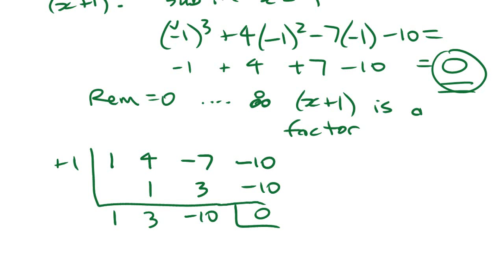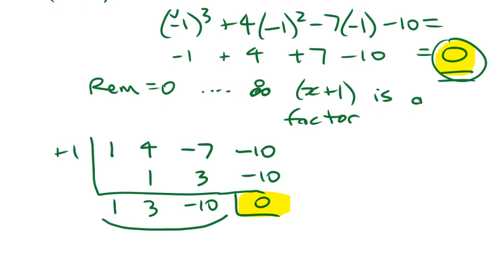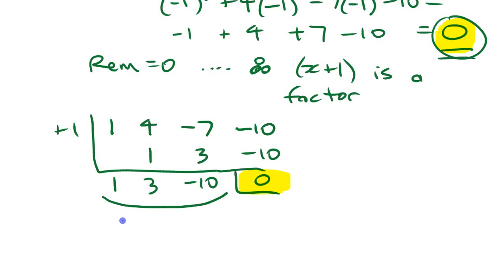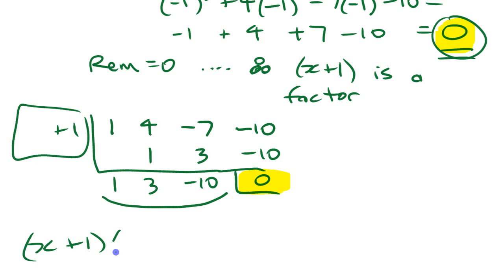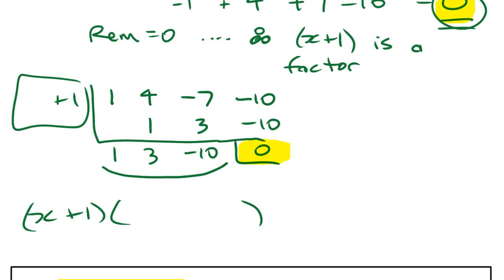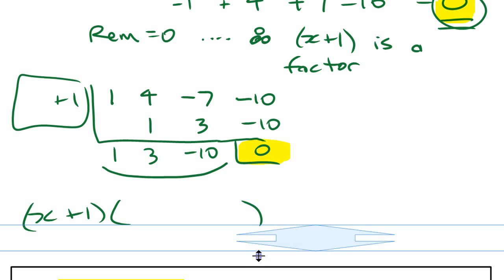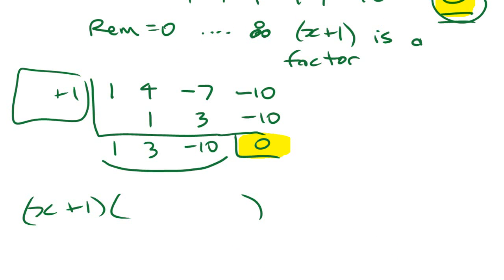Now, we expect that this was going to be 0 because we already found that it was 0 up here. And now we're interested in the quotient. Before we were just interested in the remainder. Now we're interested in the quotient. So we already had our factor here, which was x plus 1. But now we know the rest of it. We know that that original polynomial can get broken down into these two things here.